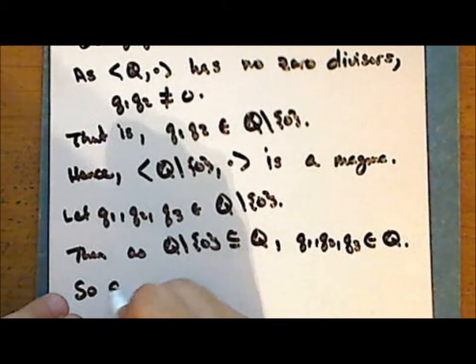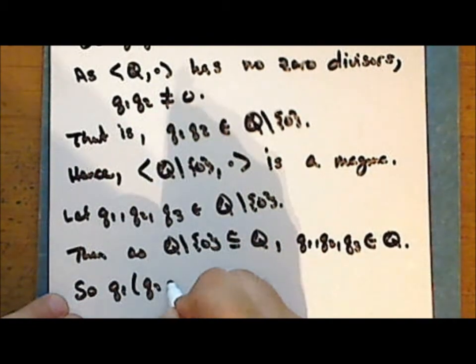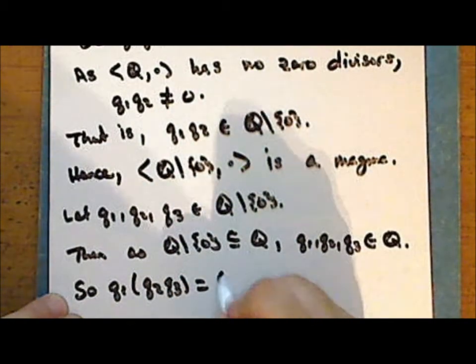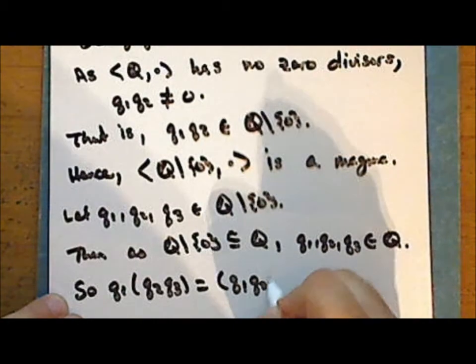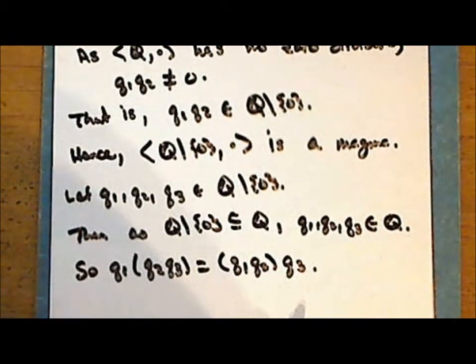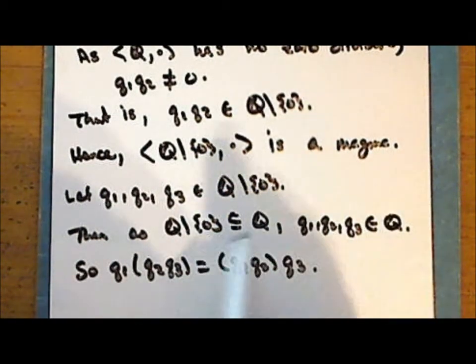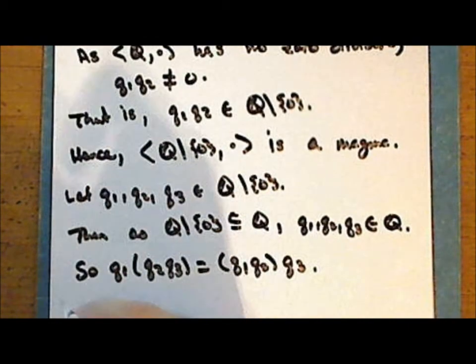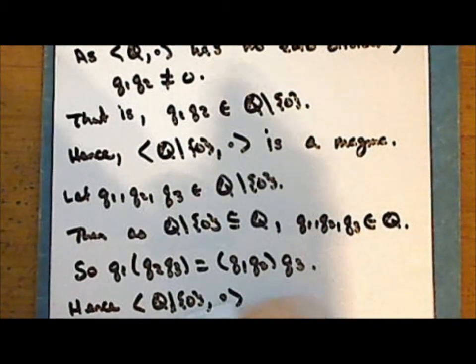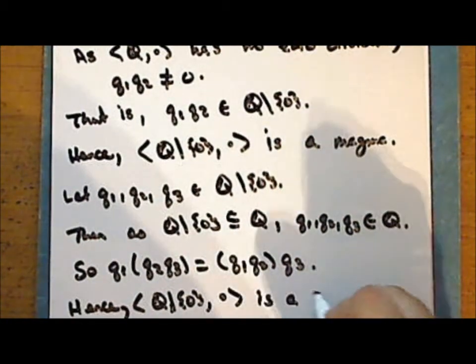And so the product, q sub 1 times the quantity, q sub 2 times q sub 3, is the same as the quantity q sub 1 times q sub 2 times q sub 3. That is, multiplication is associative over the entire set of rationals, and certainly also for the non-zero rationals. And hence the structure consisting of the non-zero rationals under multiplication is a semigroup.